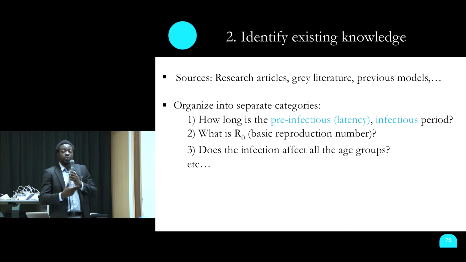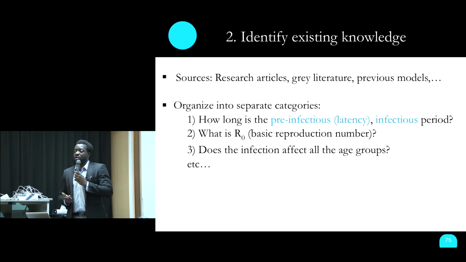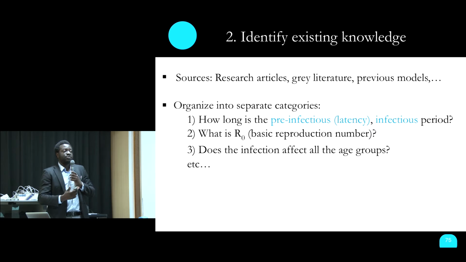In our case, it's a new strain, but we want to see also other forms of influenza. What is the R0 of other forms of influenza? Does the infection affect all the age groups, or does it affect mostly children or adults? So you really, as an investigator, try to see in detail the common characteristics of the infections that are in the literature.